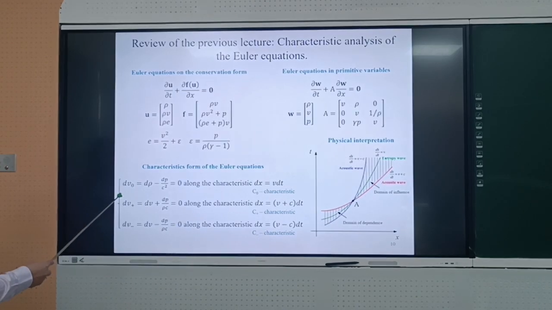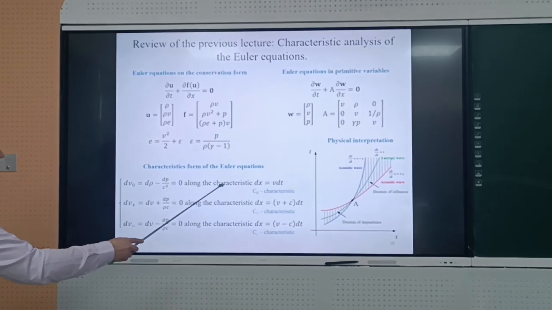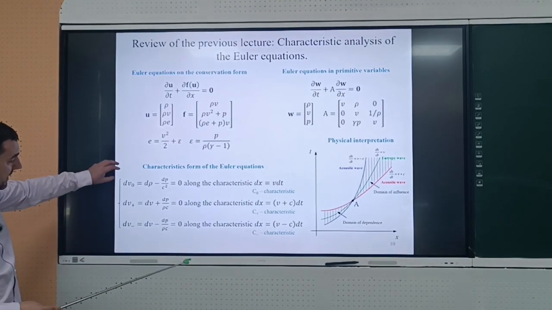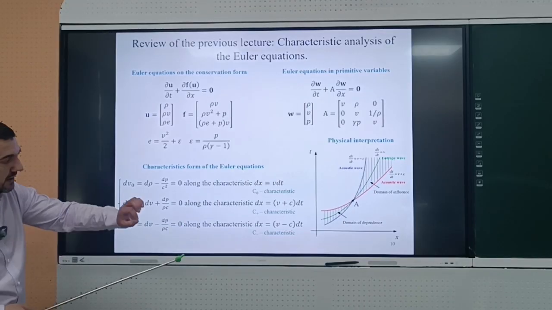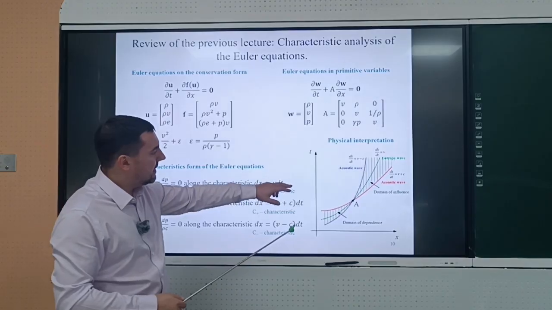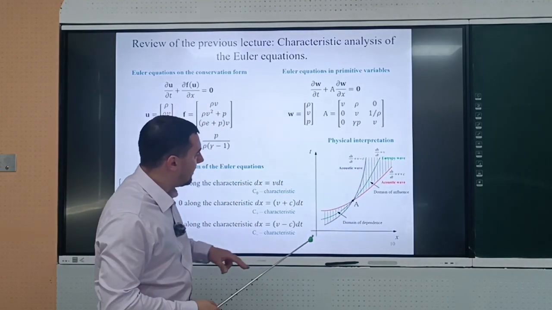There are three Riemann invariants, V sub 0, V plus, and V minus, and dV sub 0 equals 0 along the characteristics dx equals V dt. It means that this invariant propagates along the characteristic curve dx equals V dt, and this wave is called the entropy wave.